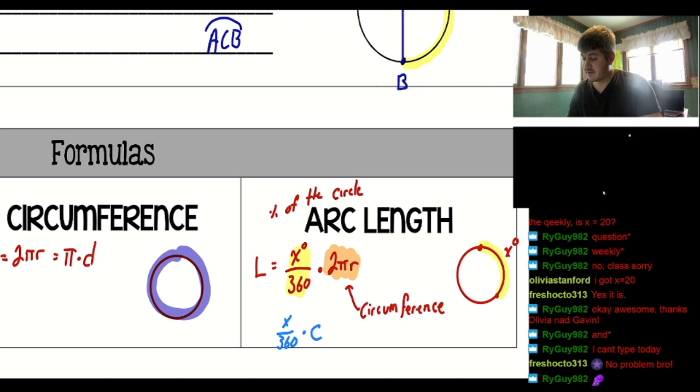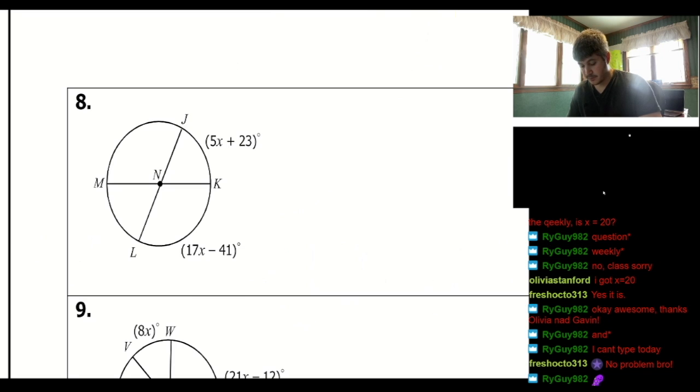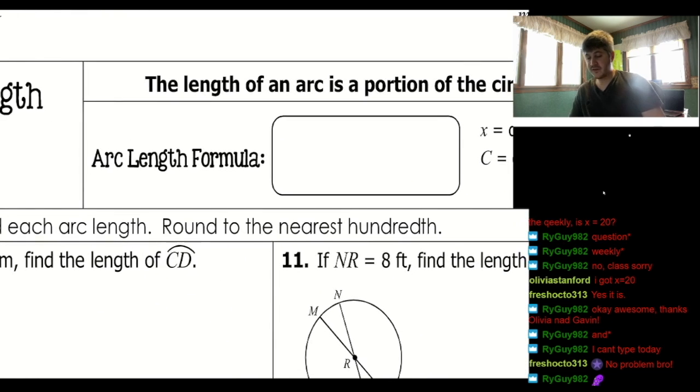So now that we've found the measures of all these arcs, recall, we've only found them in degrees, but all of these arcs have an actual length to them. If you can imagine the circle was made out of string or something, and you were to straighten out the string and measure it with a ruler, they all have their individual length, and that is completely independent of how many degrees they are.